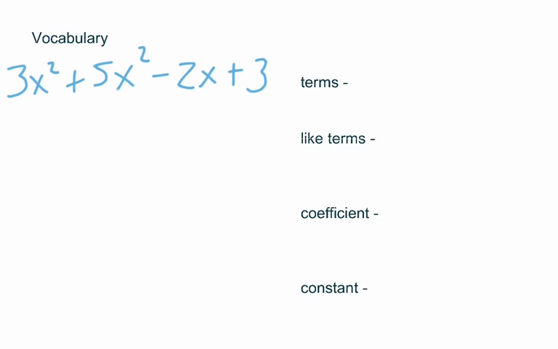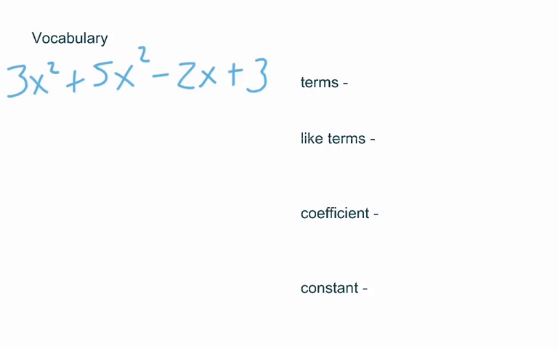All right, so let's take a look at this expression. We have 3x squared plus 5x squared minus 2x plus 3. So when I'm talking about this particular expression, there are certain words I'm going to use to refer to parts of it. First key word that you need to know is the word terms. You can think of it like the terms that you memorize for Spanish class, but what does that word mean in math class?